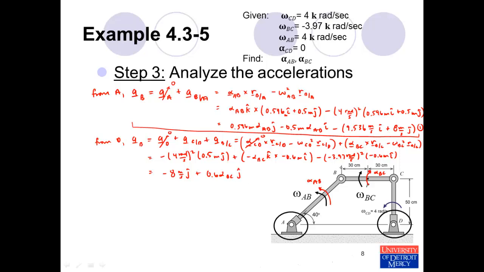And then we have this term, which works out to be positive 0.946 meters per second, the positive i. And so this is our second equation.